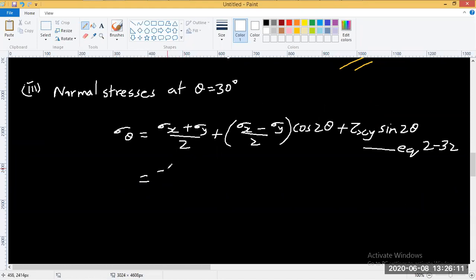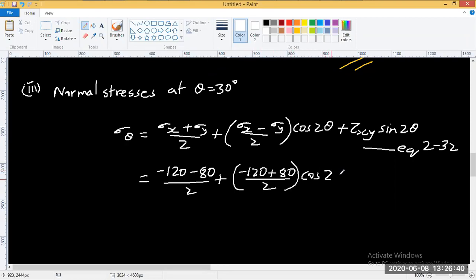Sigma x is minus 120, minus 80 over 2 plus minus 120 minus minus 80 over 2 into cos 2 into 30, plus, I don't think it's plus anymore, it's minus 60 sine 2 into 30.